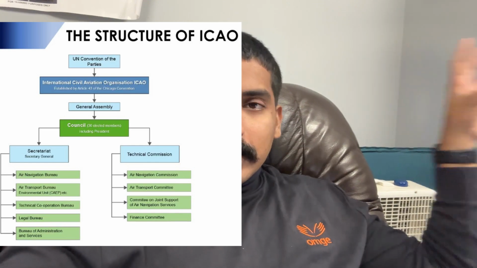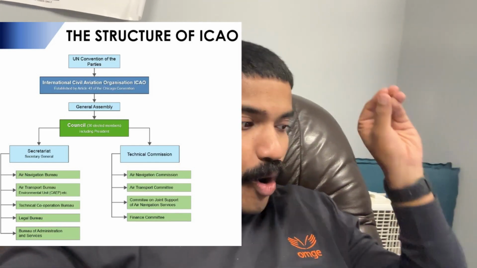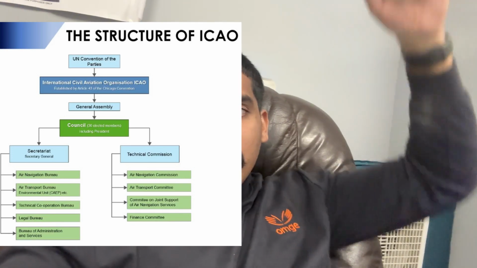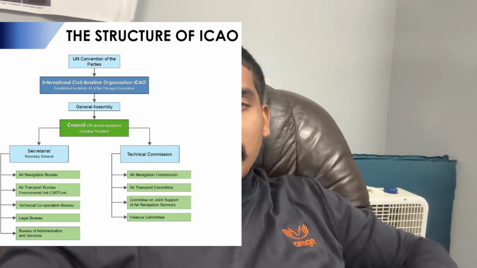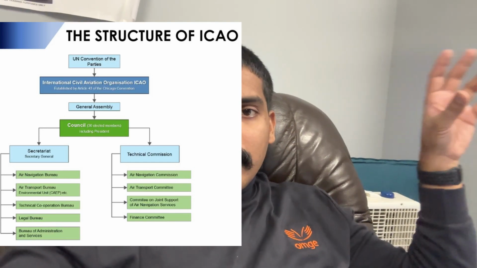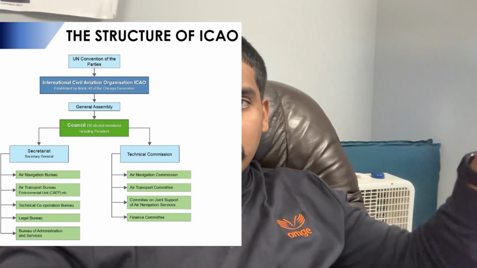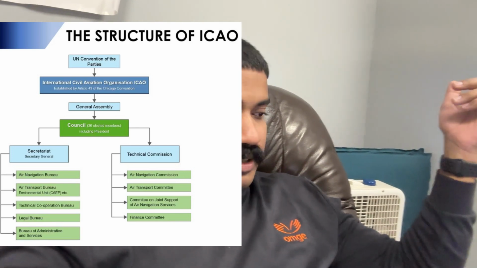So 36 contracting states would vote, and the president of the council would be elected. So assembly has 193 members, then just below it is the council, which has 36 members, and these 36 countries elect their president.